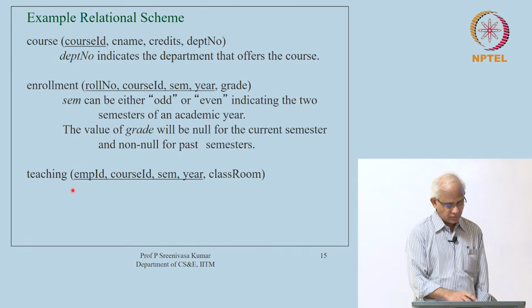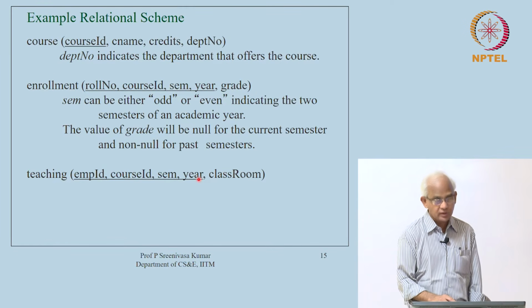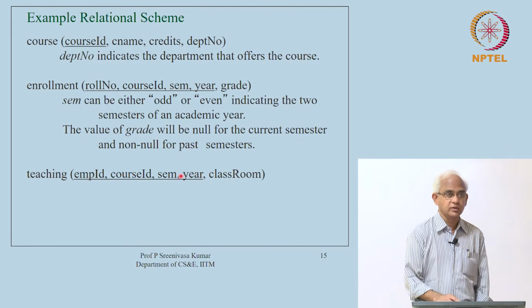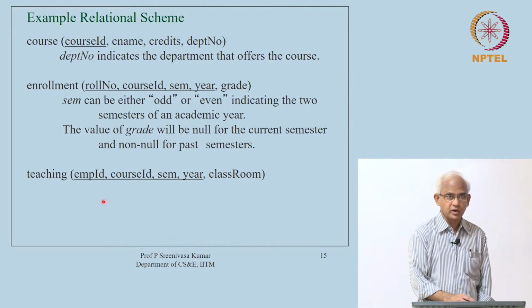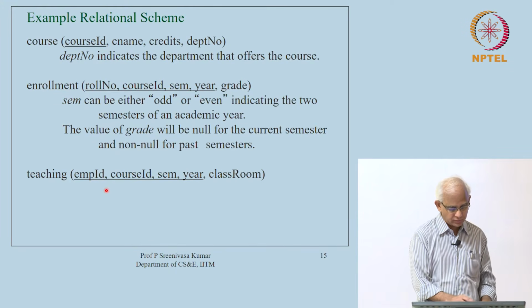So, that is one. So, naturally you can also see the need for all of these attributes to be the key here, because no subset of this will be able to uniquely identify a row in this particular relation. An employee ID typically teaches several courses across his employment, and so obviously that itself is not a key for this.